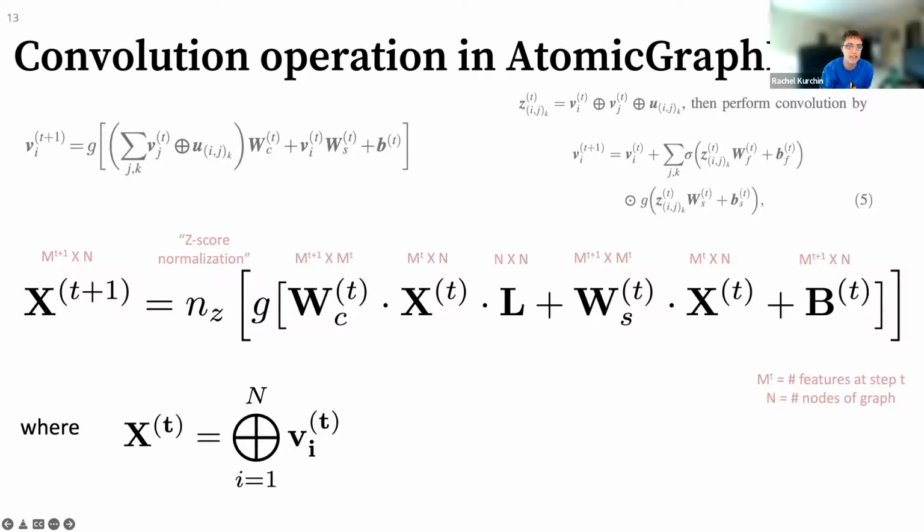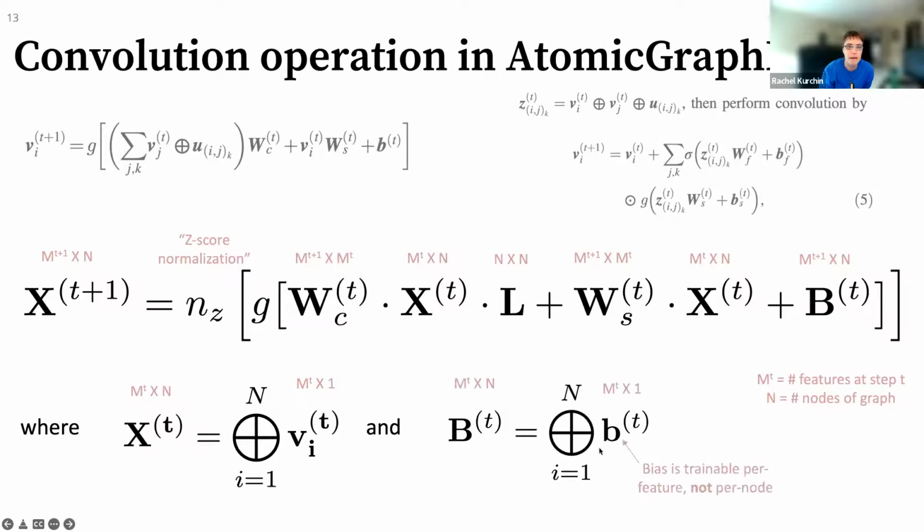So again, X is just the notation that's used to say that we're stacking those vectors all together. This is a single vector that gets stacked together n times, a different one for each n. In contrast to the case of the bias matrix, where the bias is actually only trainable per feature. So we're stacking n copies of the same vector here.